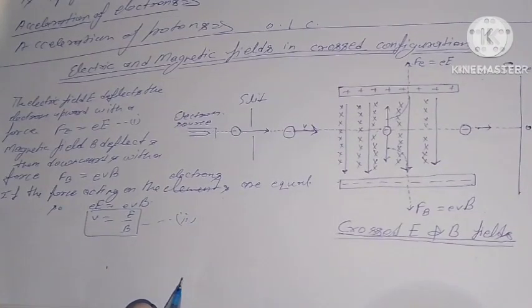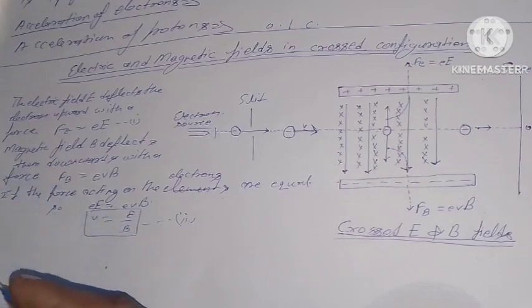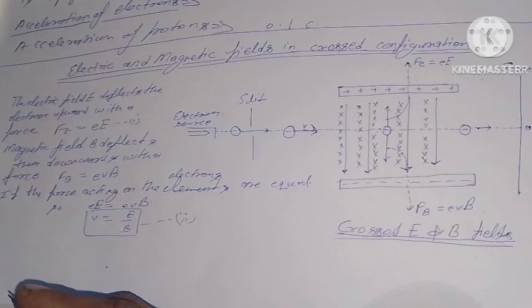The electrons experience a zero net force as the above two forces are equal and opposite, thereby balancing each other. Therefore they will not deviate from their original straight line path along the x-axis and travel without any change in their velocity v.